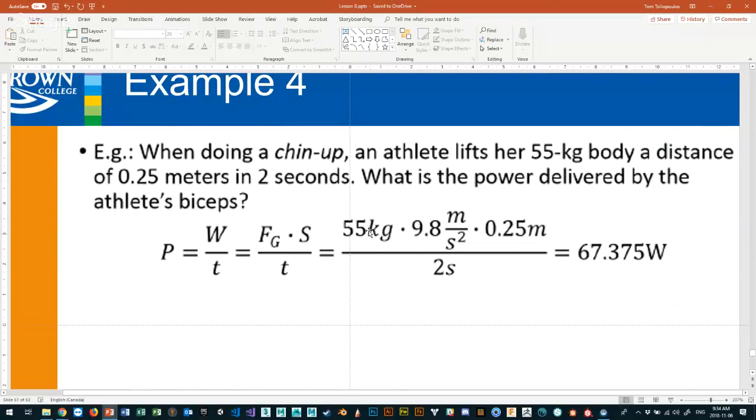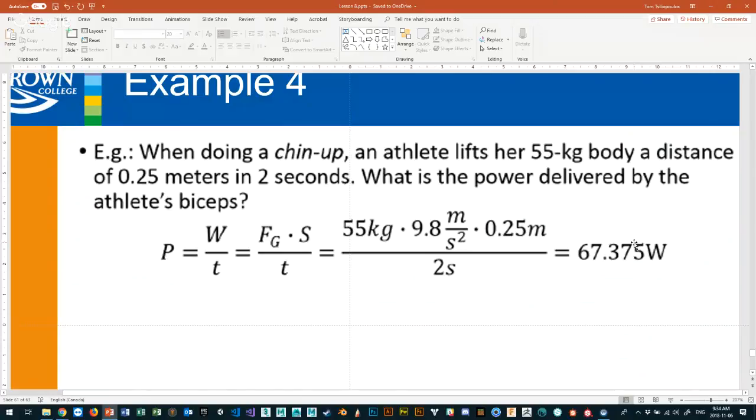Over time. So we can fill this in, this is a simple one. 55 kilograms times 9.8 meters per second squared, so mass times gravity, times 0.25 meters, that's the total displacement. So that's the work being done over time, 2 seconds, which is 67.375 watts.